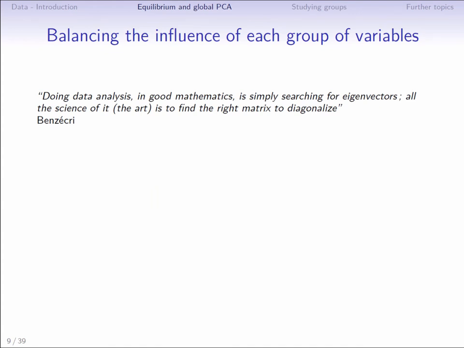Here we have found a weighting that we like, and it remains only to look for the main principal components, as we have seen for PCA, MCA, and CA. The difficulty lies in the choice of weighting, as has been explained by Jean-Paul Benzécri, who has said that doing factor analysis from a mathematics point of view is just matrix diagonalization, but the science and art of it is to find the right matrix to diagonalize.